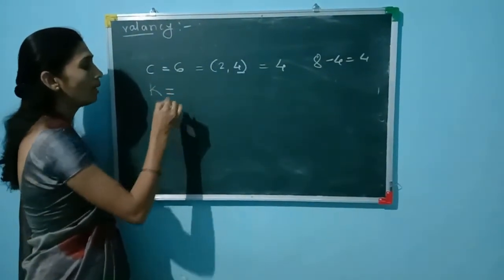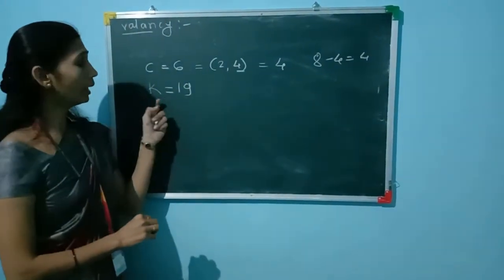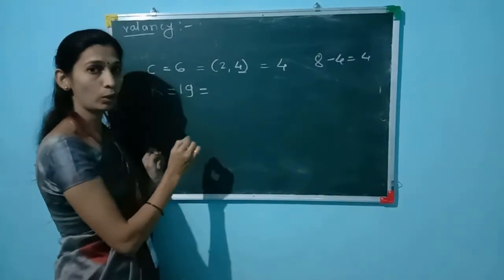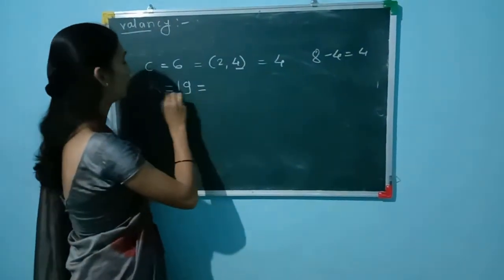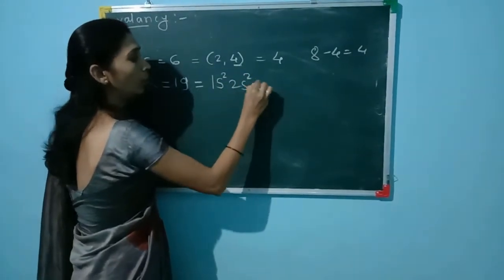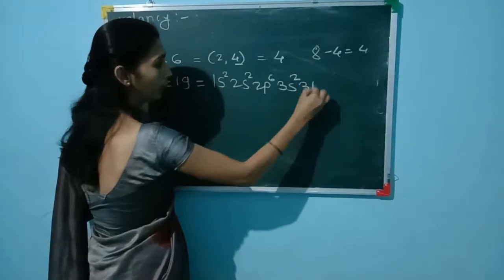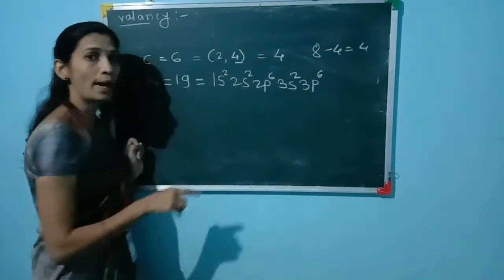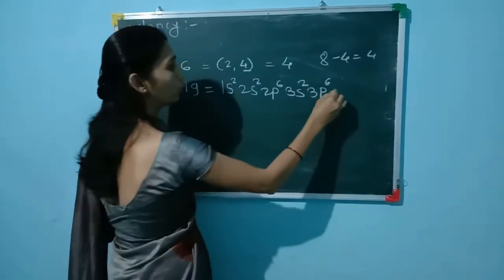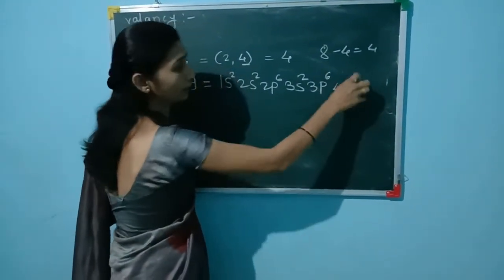Potassium has atomic number 19. Its electronic configuration is 1s2, 2s2, 2p6, 3s2, 3p6, and the valence electron, that means the 1 remaining electron, is placed into the last shell, that means 4s1.